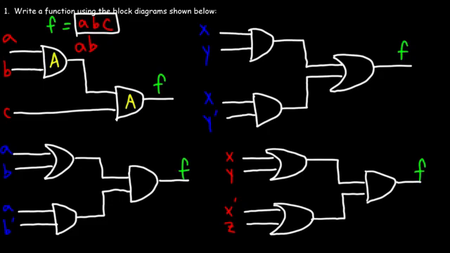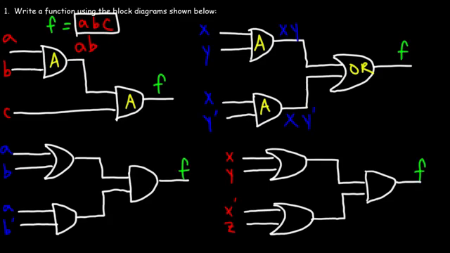Now what about the second one in the upper right corner? Feel free to pause the video if you want to try it yourself. Let's begin by identifying each logic gate in the circuit. We have two AND gates, and here we have an OR gate. The output of an AND gate is the product of the inputs. So this is going to be X times Y, and here the inputs are X and Y prime, so this is going to be X, Y prime.